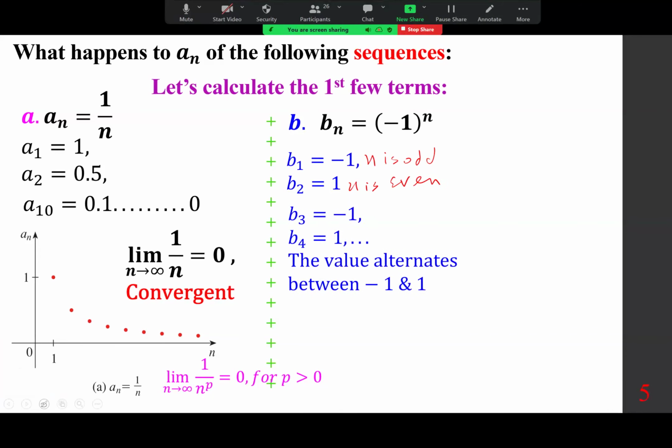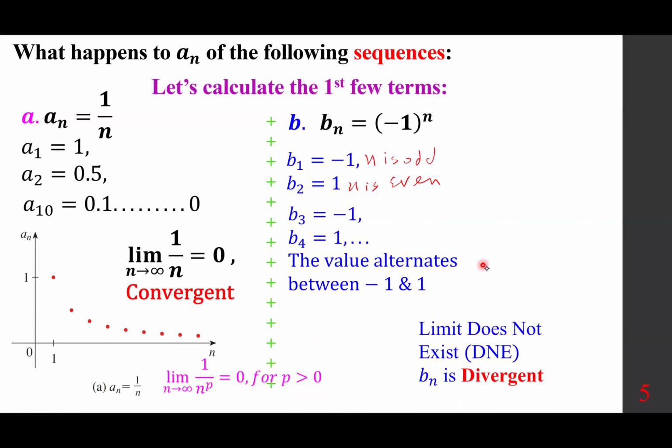Which means it oscillates, or alternates, between the two numbers. Therefore, the limit does not exist, and it diverges. So the limit of b sub n as n approaches infinity doesn't exist, everybody.